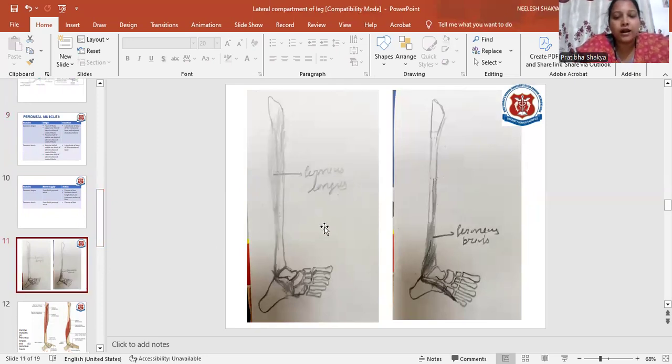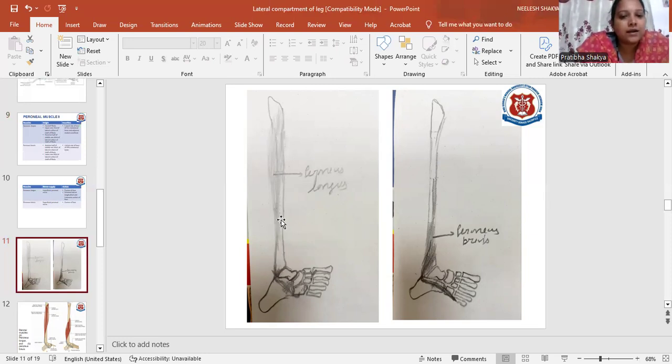And here, for understanding the peroneus longus muscle and peroneus brevis muscle, first we understand the bony framework. This is fibula, and this fibula can be divided into three parts. Upper end, this upper end is made up of the head, styloid process and neck, and this is the middle part, which is also known as the shaft, and this is the lower end of the fibula.